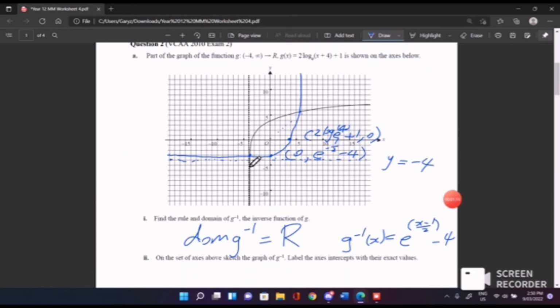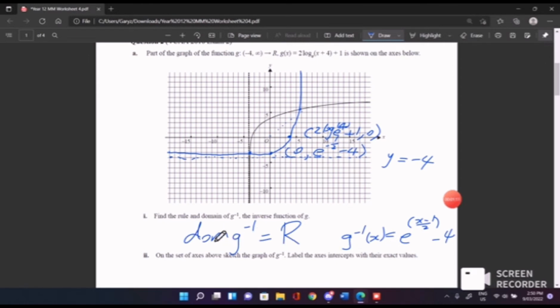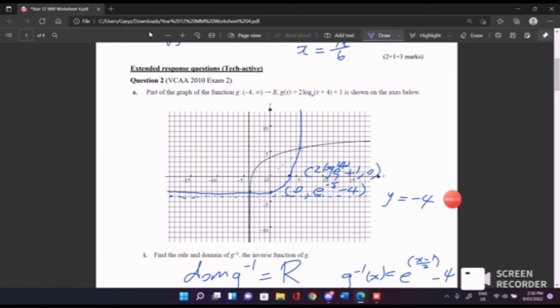Alright, question 2. Find the rule and domain of g inverse of x. Usually when we do inverse functions, we just swap x and y around. I didn't have much space here, so I only wrote down the answer, but I can quickly do it here.